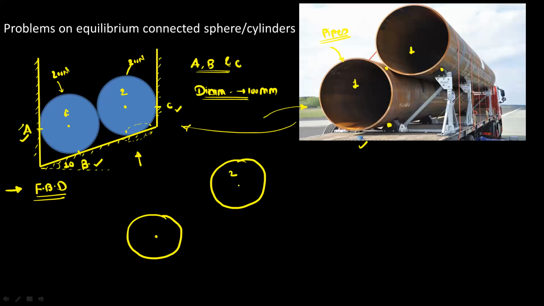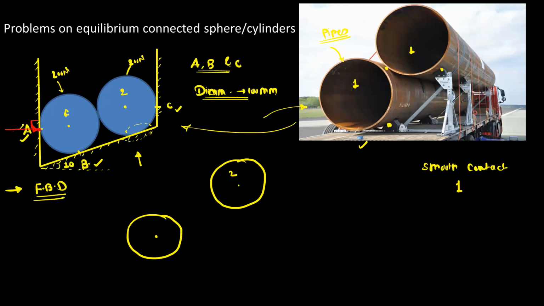Okay, so at the smooth contact, as we have seen the types of supports, the smooth contact, it will offer the one reaction. Okay, so therefore at point A there will be one reaction, and the reaction at this point is perpendicular to this surface, that is the contact surface.